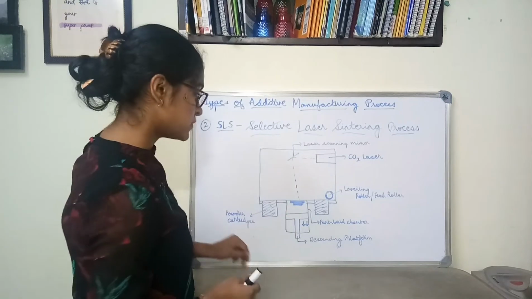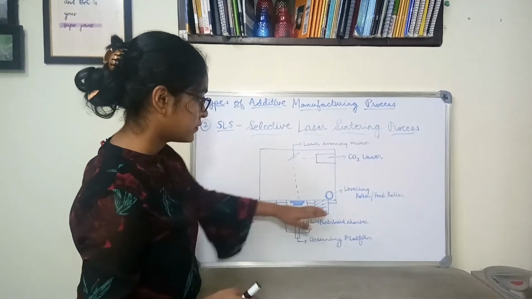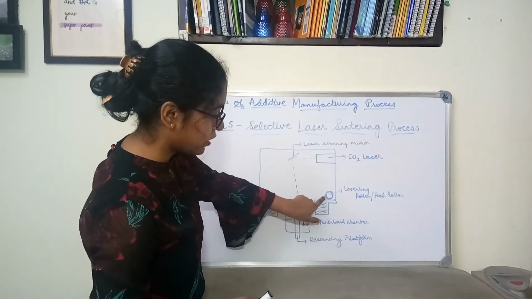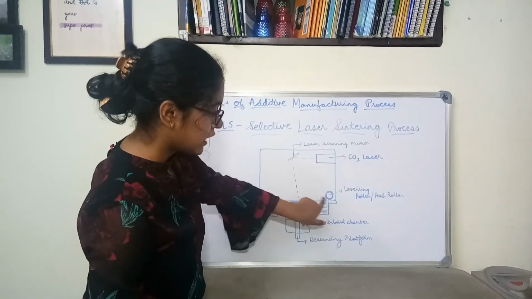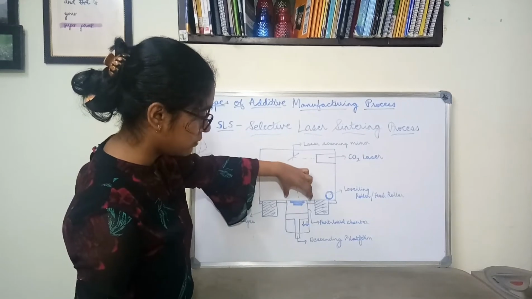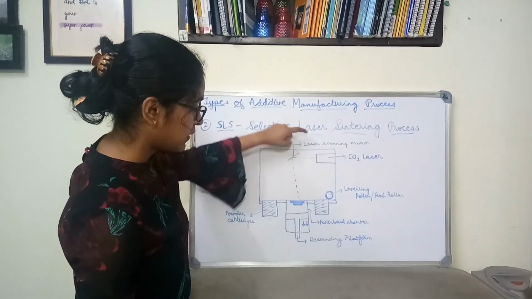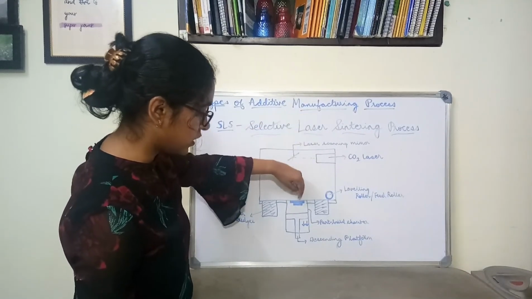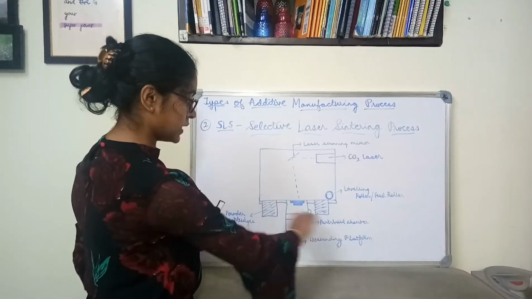So before that happens, from the powder cartridges, the powder will be ejected on this surface, and this roller will help in the transfer of that powder correctly to the part build chamber. So by the time the laser comes and gets incident on it, the layer formation starts taking place.